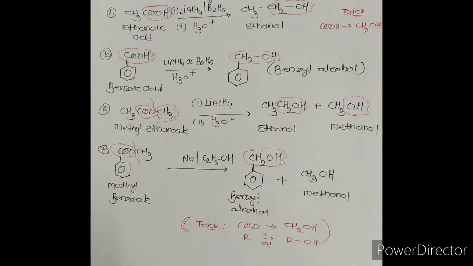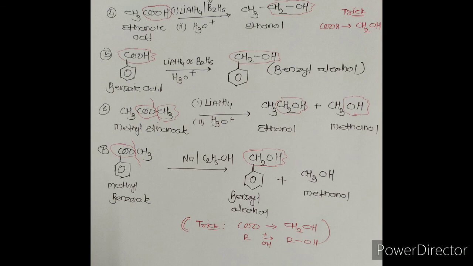Fourth reaction: ethanoic acid undergoes a reduction reaction in the presence of LiAlH4 followed by H3O+, and is converted into ethanol. Here, instead of COOH, we just put CH2OH.